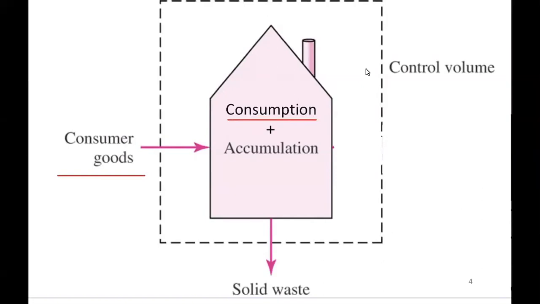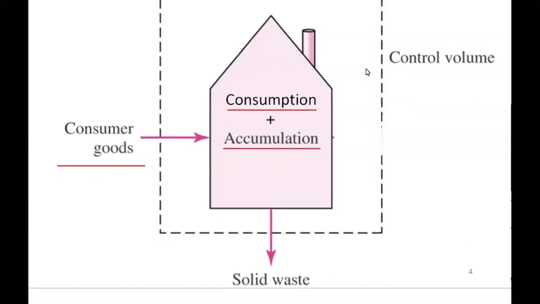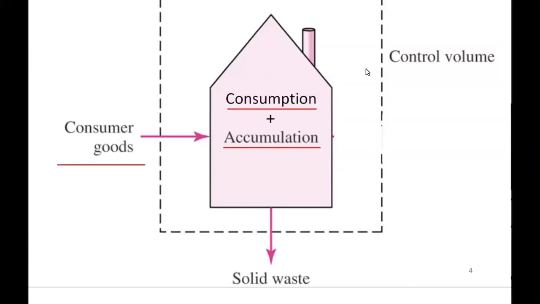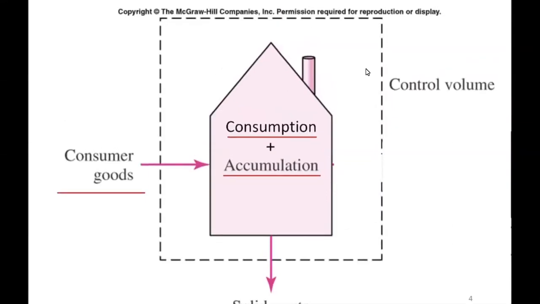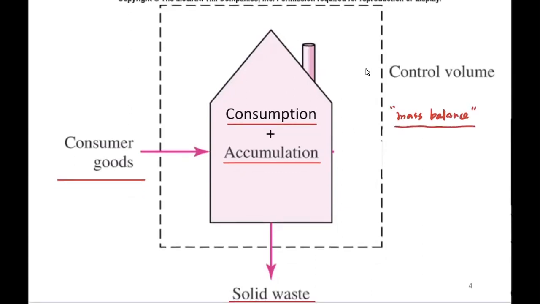If we cannot consume all of them, some of them will get accumulated in the fridge or in the basement, right? And if some of them have gone bad, then they will become solid waste. So this is a very simple example of the materials balance, or what people also call mass balance. Actually, we're going to use this mass balance more when we talk about the materials balance.